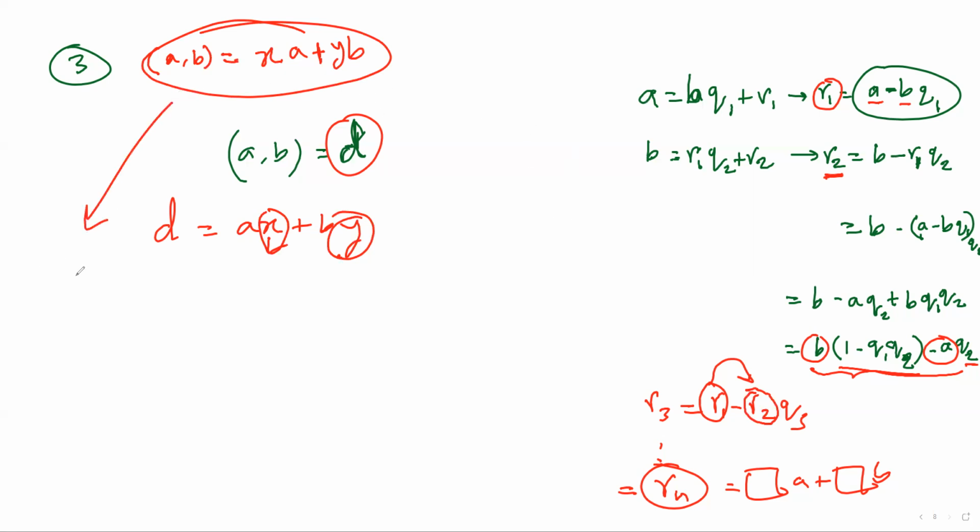So special case, when A and B are co-prime, we would find that A and B can be written inside an equation that looks like this. So basically a linear equation in two variables that has X and Y as a combination, right?